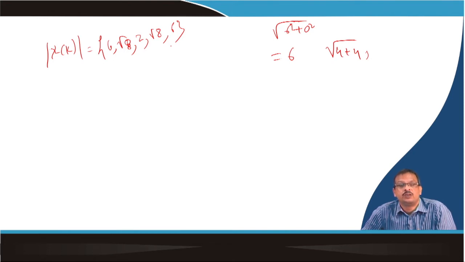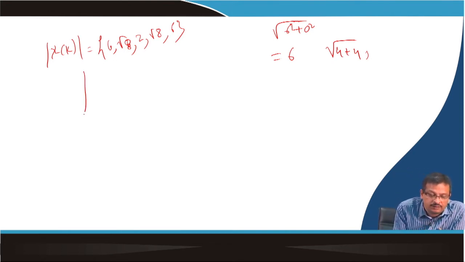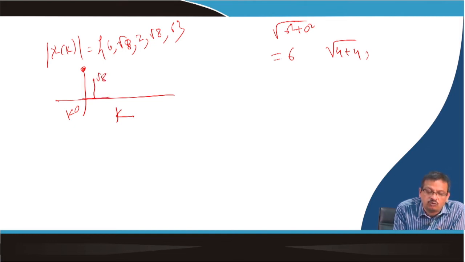Okay. So now if I want to plot it, this axis is my k. K equal to 0, it is 6. K equal to 1, it is root 8. K equal to 2, it is 2. K equal to 3, it is root 8.